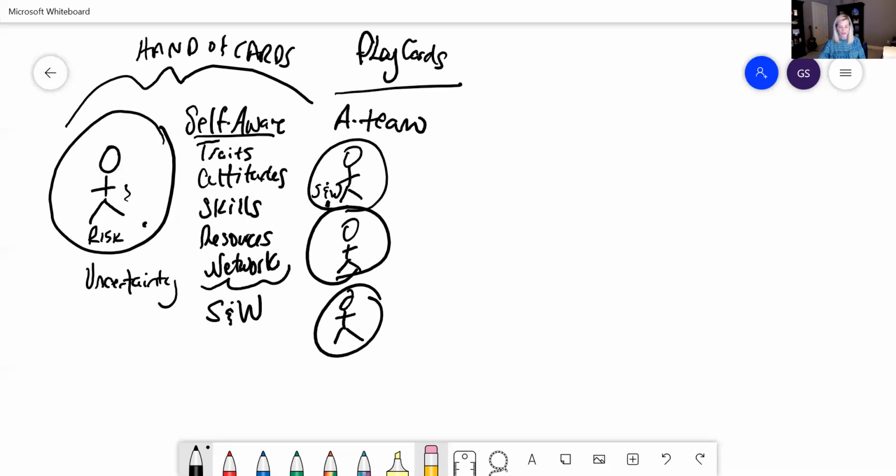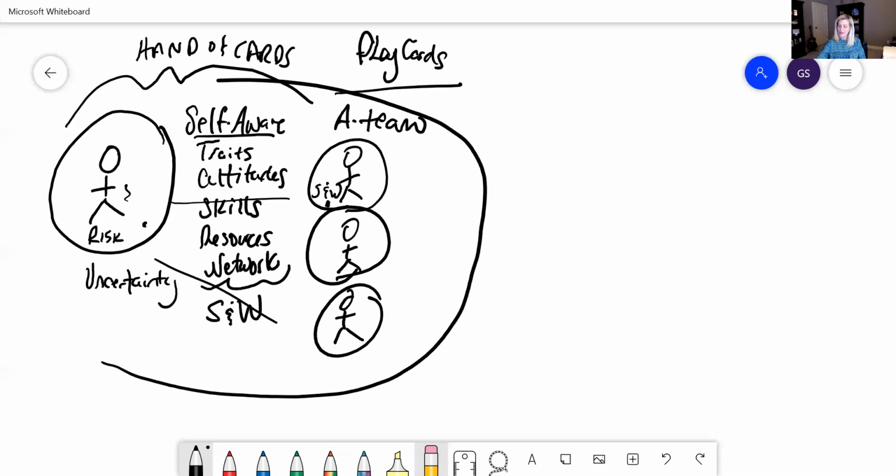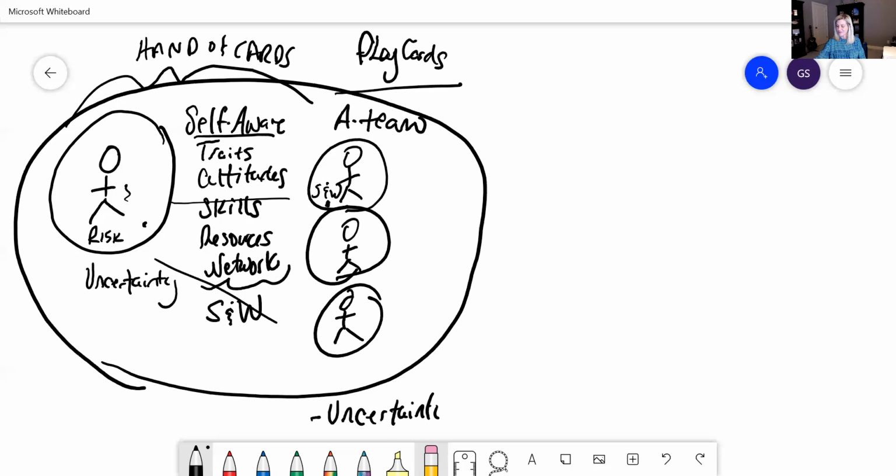And what we hope that we're doing is by creating a great team here, our collective bounded rationale is much bigger. The larger this boundary, the more that we have decreased uncertainty. And this is key for our success.